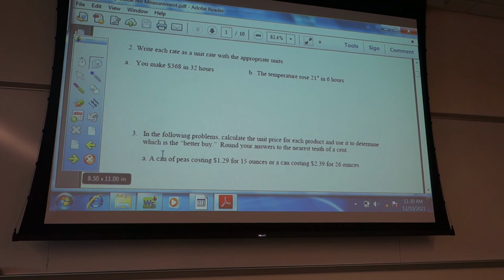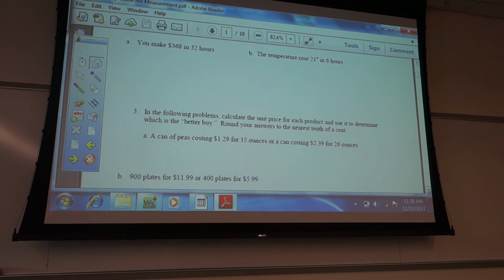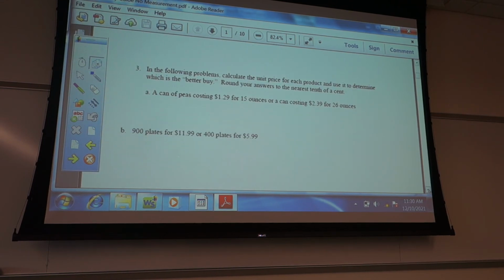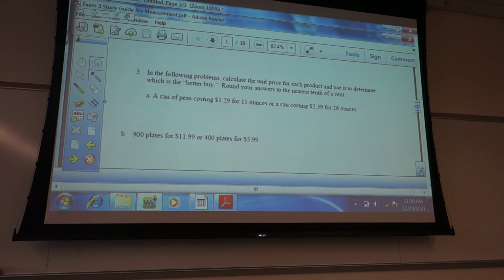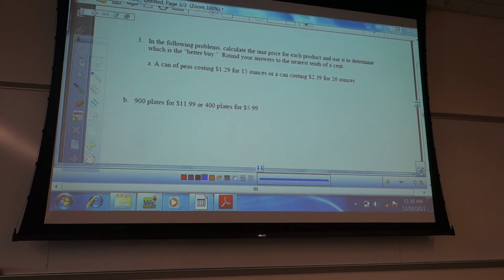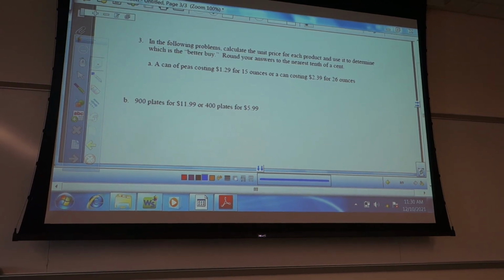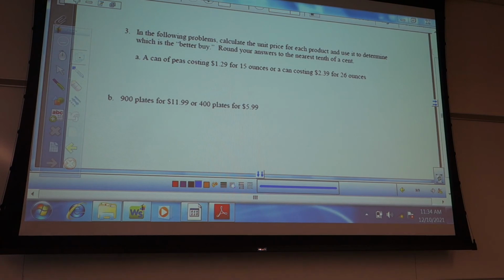Do you want to do number 3? Sure. We'll do 3A. How's it sound? Remember, if we're talking about unit price, that means the price per unit. So the money should be on top. Okay, so what do we have?